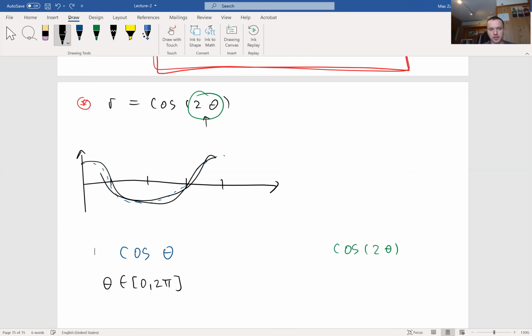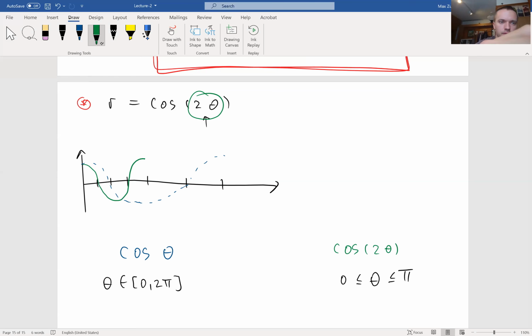Yes, but if you're going to add 2 in front of theta, then you're going to cover the same values if your theta is going to change between 0 and pi. So basically, you're going to take your cosine function and you're going to just compress it. So in other words, we're going to get something like this.